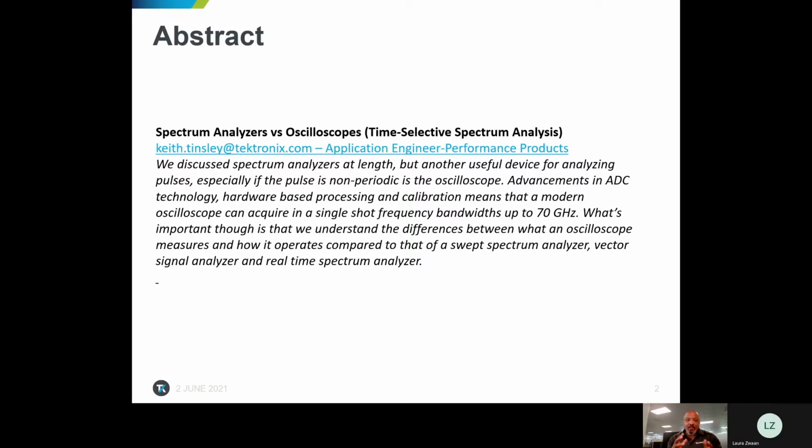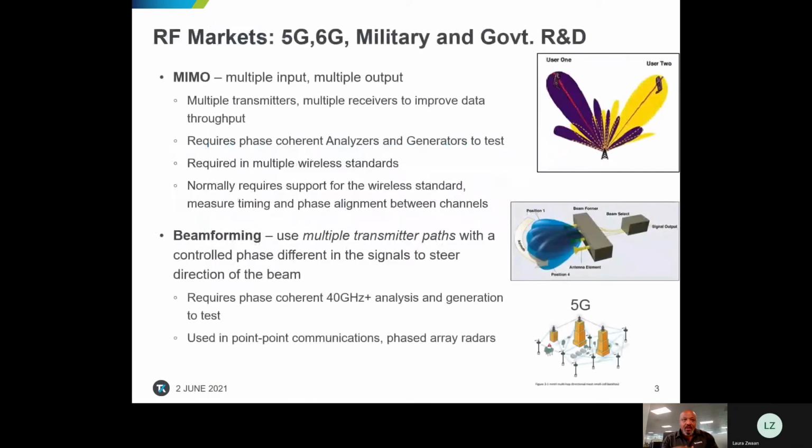So engineering is all about trades, and when it comes to these two domains as related to products, spectrum analyzers and oscilloscopes, the story is similar. Most of our customers fall into the range of radio frequency communications and markets.